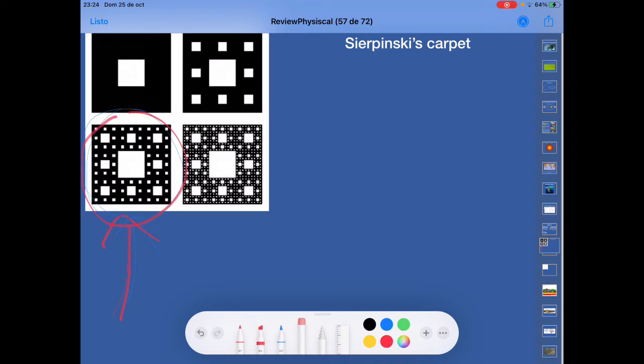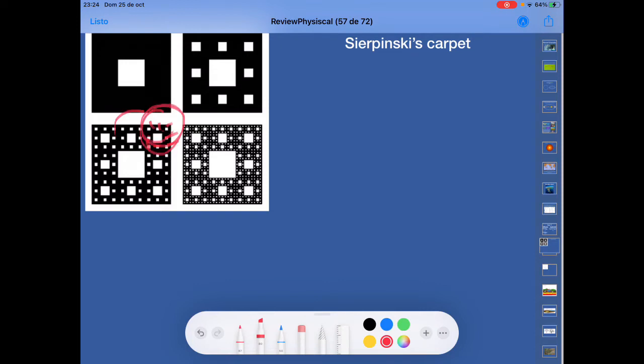So the first thing that I want to do is count all the pieces of the same size that I have. So I count 1, 2, 3, 4, 5, 6, 7, and 8. So there are 8 pieces of the same size in just this small section, right? So how many sections like this one do I have?